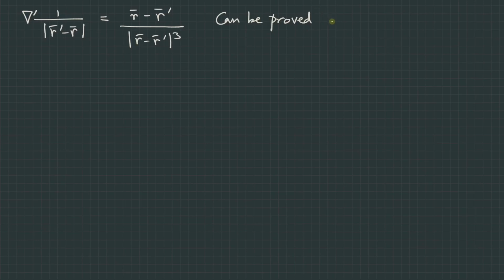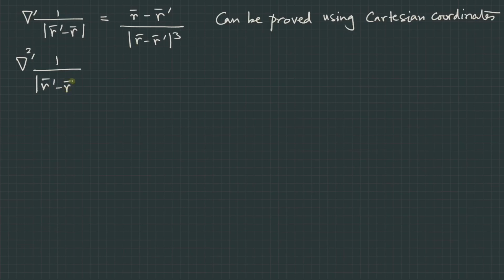One way of proving this that I know is using Cartesian coordinates, and simply using the definition of gradient over there, which is the sum of the vector derivatives with respect to the coordinates. But in our case, we can simply use these as results, and from here we can get the Laplacian is simply minus 4 pi delta of r minus r prime.